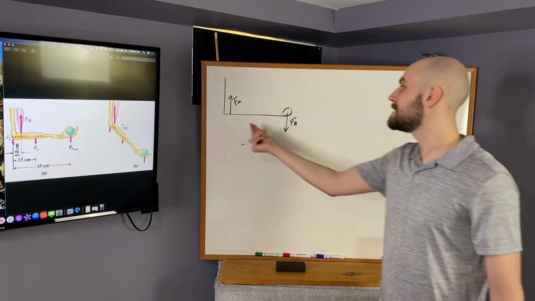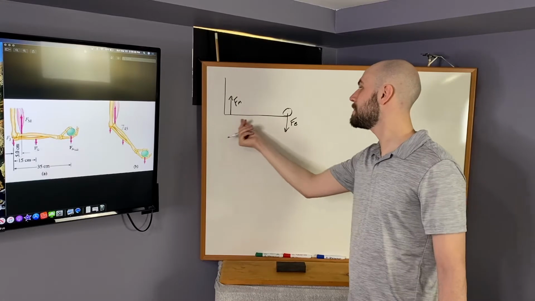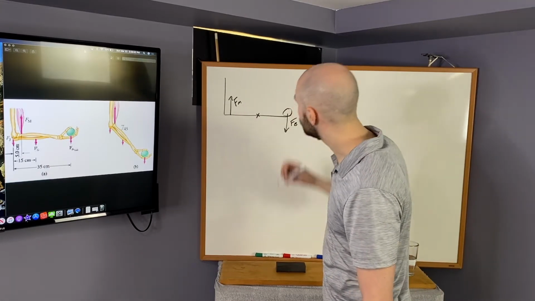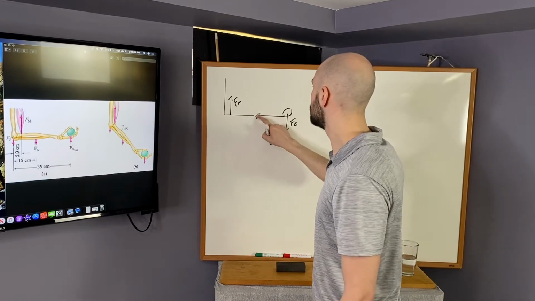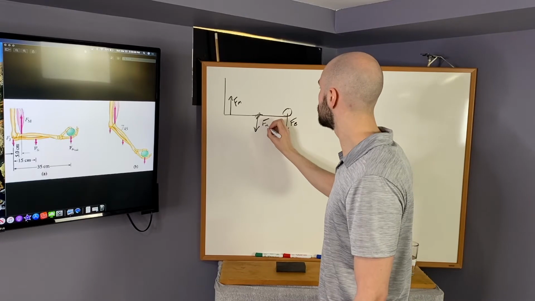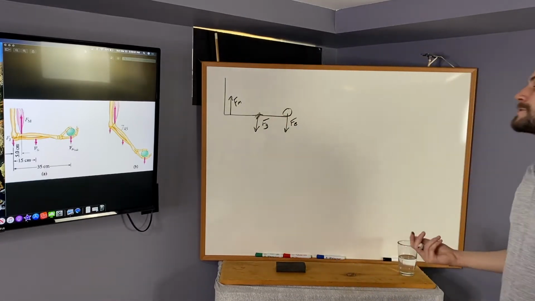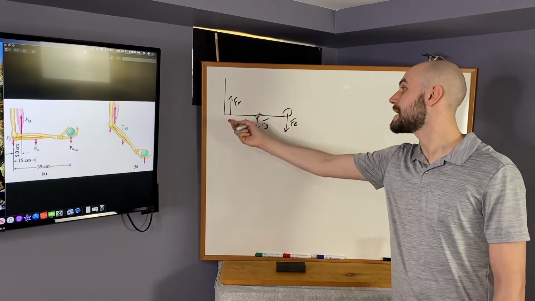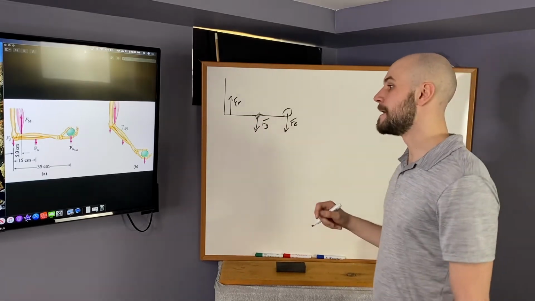And now something to keep in mind too, that we have our whole arm here. The arm has mass, and if we assume that there's a uniform mass density, then the arm will have a force of gravity pulling downwards, right in the center of mass of the arm.